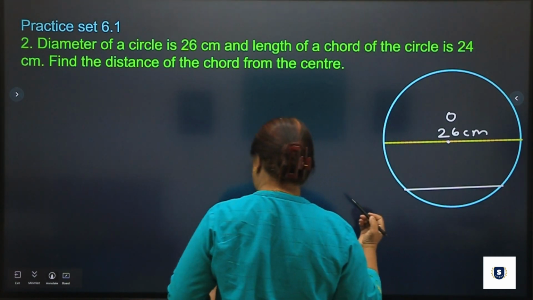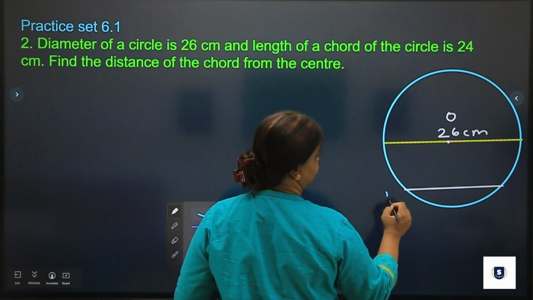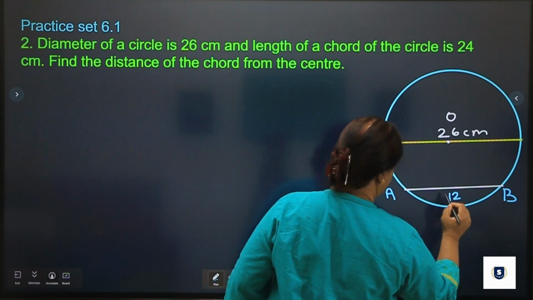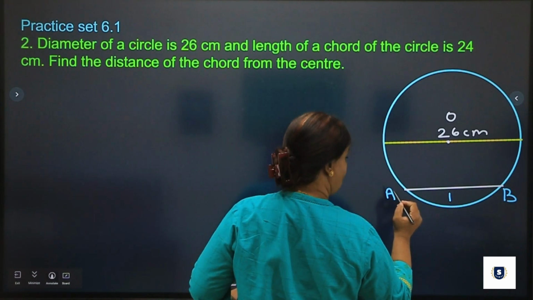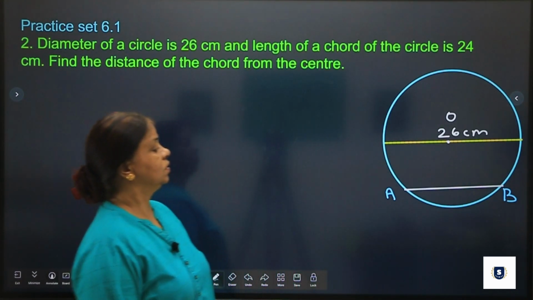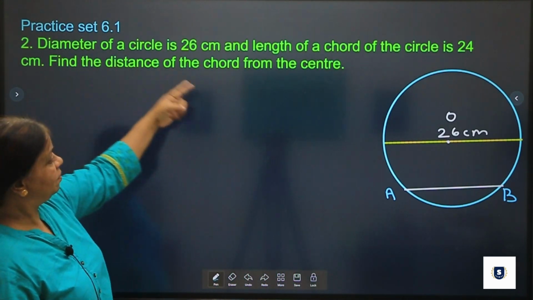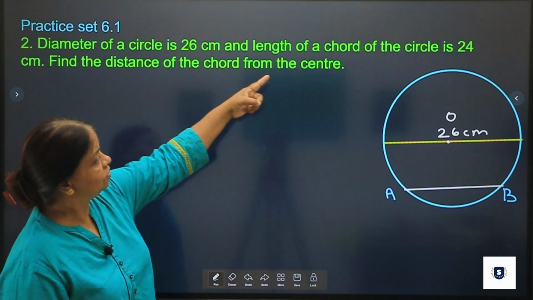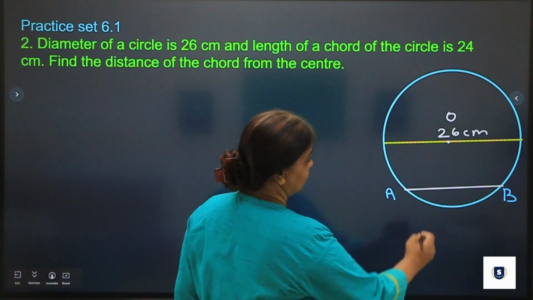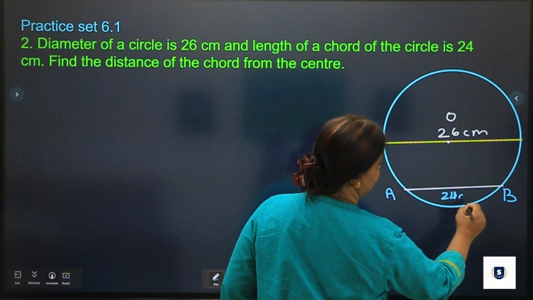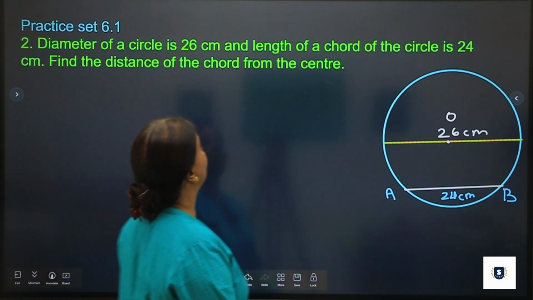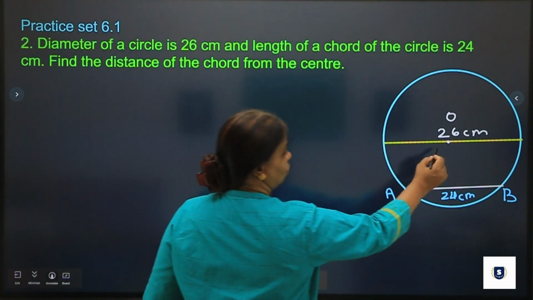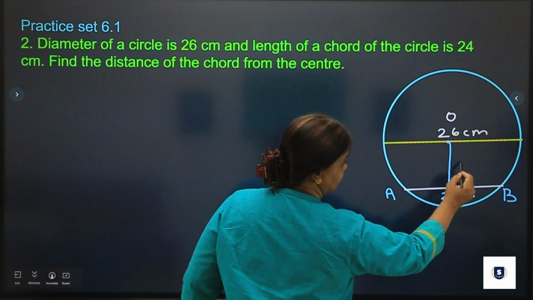AB is the chord and length of the chord is 24. See, diameter of the circle is 26 and length of the chord of the circle is 24. So, this is 24 centimeter. Find the distance of the chord from the center. We want to find out this distance.